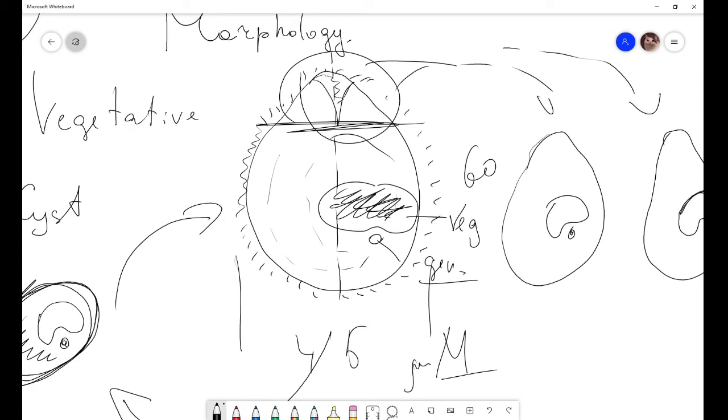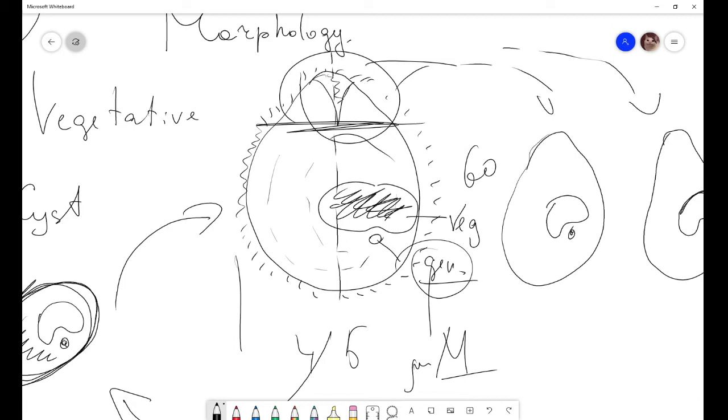It drives the life of this organism. The generative nucleus, or micronucleus, the small nucleus, drives the fission of this organism.